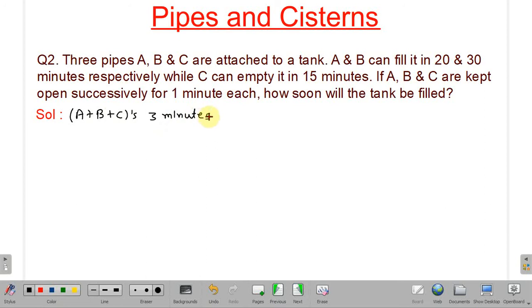In these 3 minutes all pipes will work for only 1 minute. Okay, 3 minutes work when opened alternately or successively.